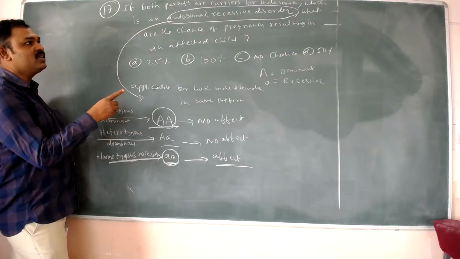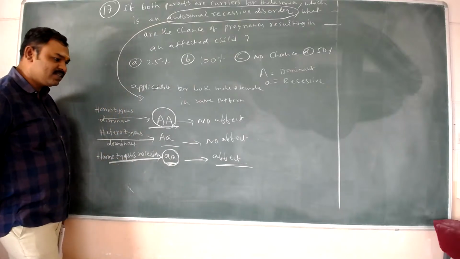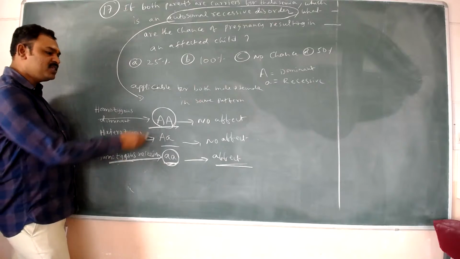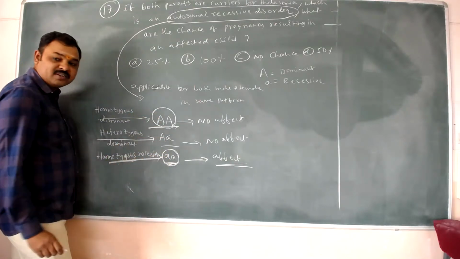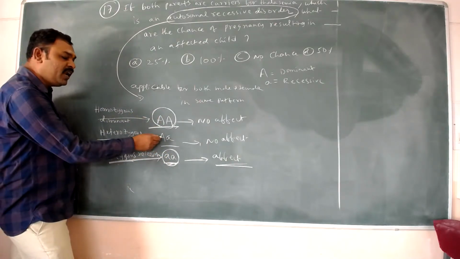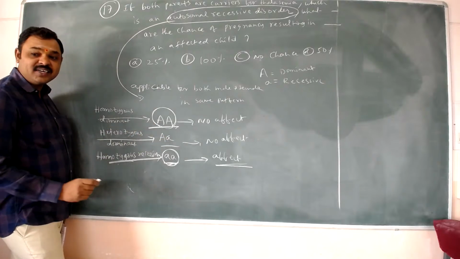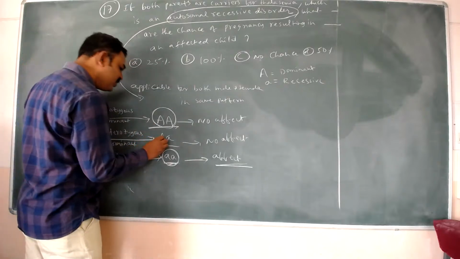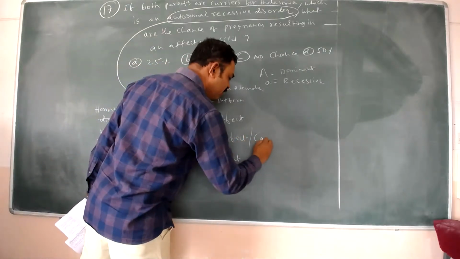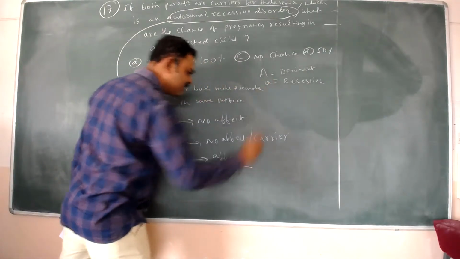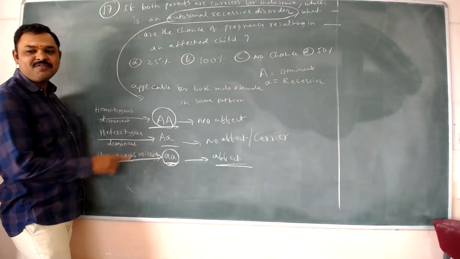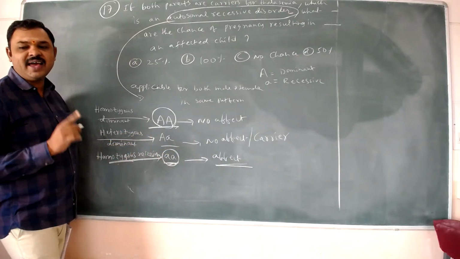So what is the case here? Both parents are carriers. Carriers means there is no effect on them. Carrier means one dominant allele and one recessive allele. These heterozygous individuals have no effect, but they are called carriers.